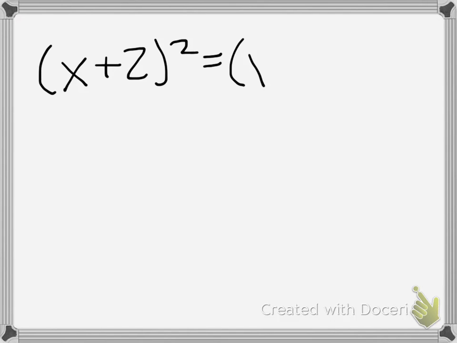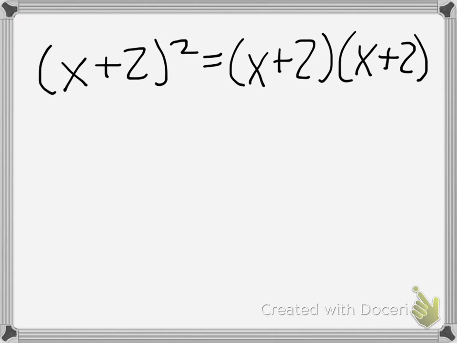I have two other interesting things that I can think of, which is what happens when I square a binomial. That is, what if I have x plus 2 squared? I know that's just the same as x plus 2 times x plus 2. Now I can use my FOIL method.